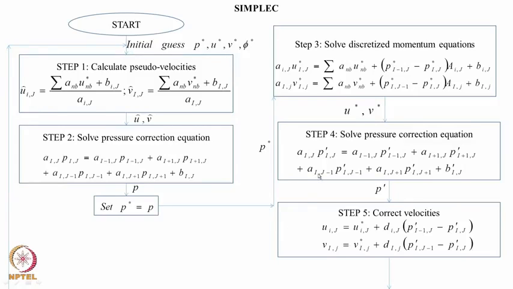So in SIMPLEC, you can immediately make a guess. It takes slightly longer time initially, but comparatively it takes less time because the guess pressure as well as guess velocities are closer to the actual pressure and velocity. So we have seen in detail two important algorithms, SIMPLE and SIMPLEC.